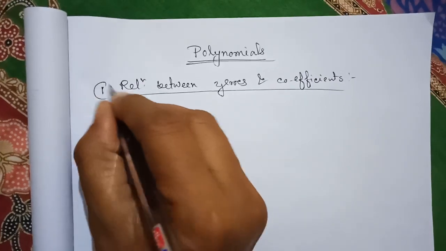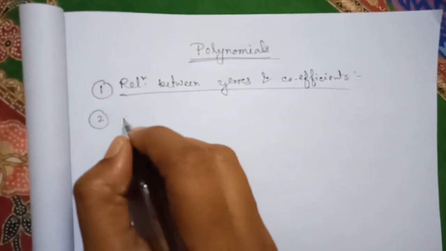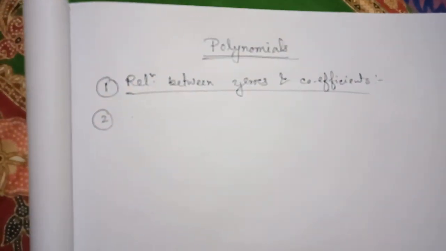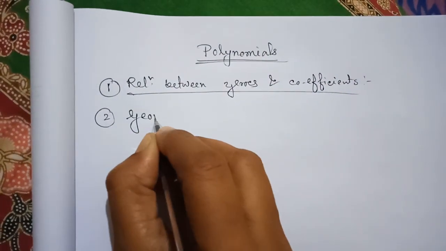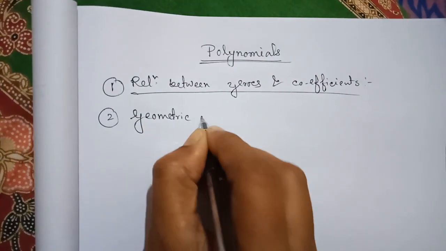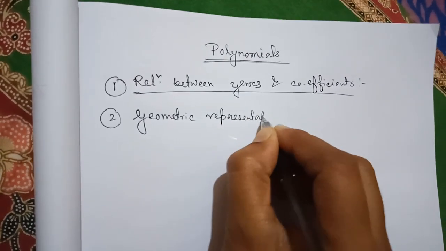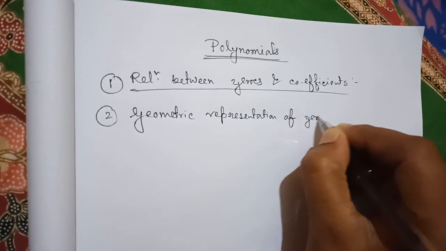So this is the first topic that I have done, and the second topic that I'm going to do is the geometric representation of zeros.